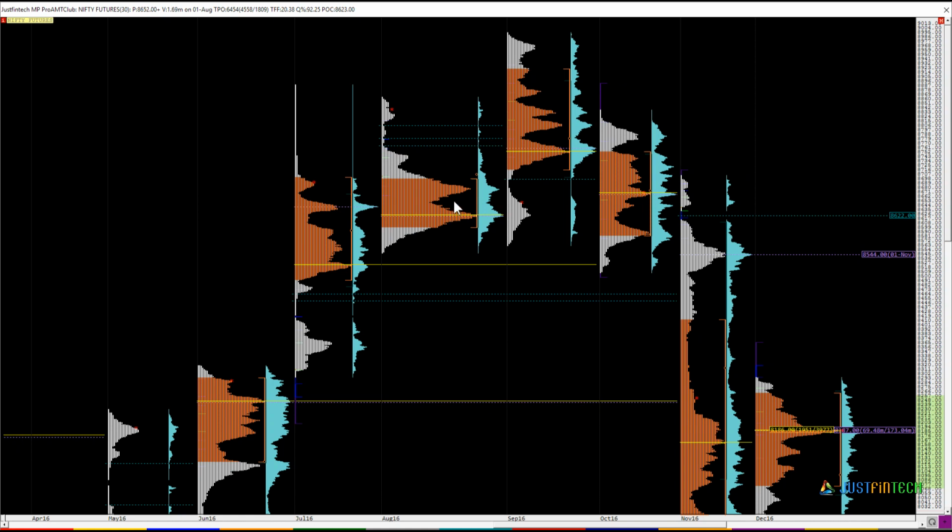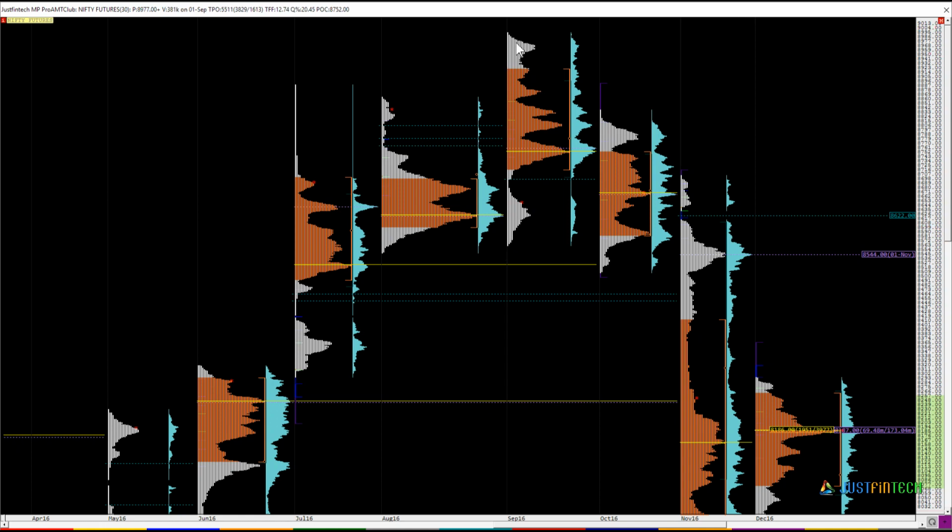Though there is one valuable piece of information in this, that you have almost two prominent points of control. I would take this as one balance, this as another balance, and next month I would see what happens around these levels. So next month what happens is you get a nice balance here.